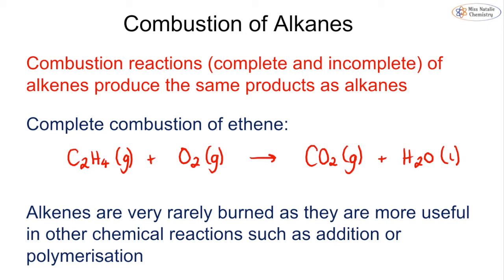If it was incomplete combustion, remember that's going to make carbon monoxide, which is that poisonous gas that we don't want to be breathing in. But if we have complete combustion, we get the CO2 and the H2O, and of course we should be balancing.